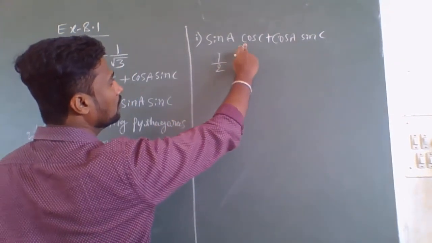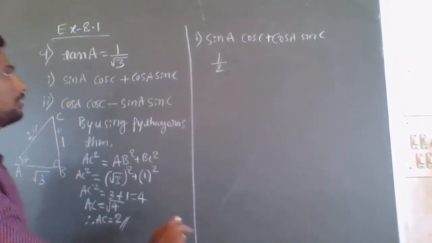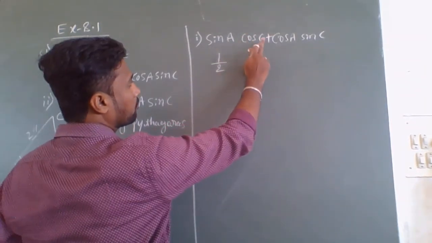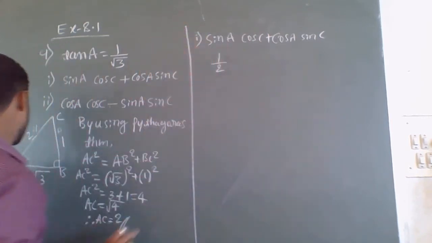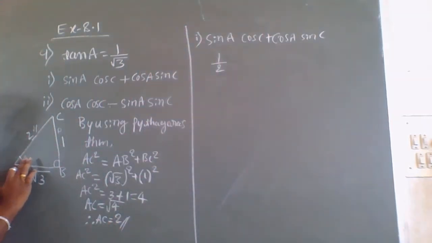Next is cos C. Now we consider angle C as theta. The perpendicular and base change according to the reference of theta.